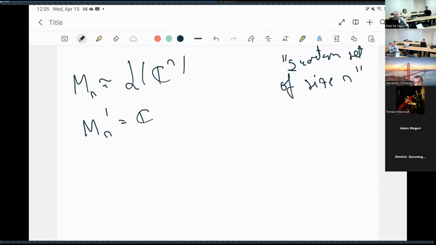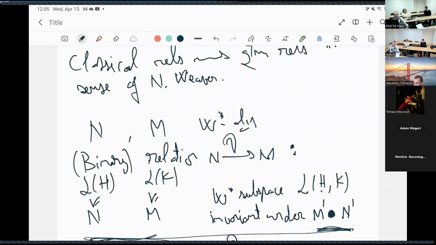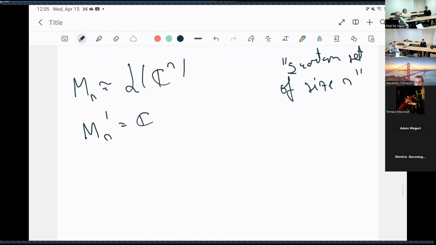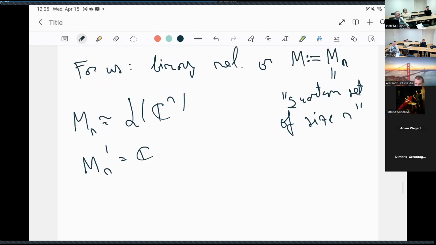So the constraint that you be invariant under commutants is nothing. And we're finite dimensional, so being weak star closed is nothing at all. Just any subspace will do. So a binary relation is just a subspace of L of Cn.